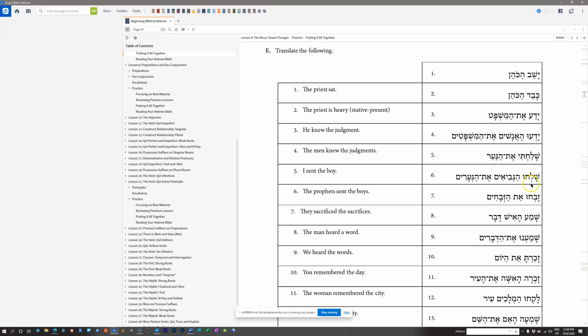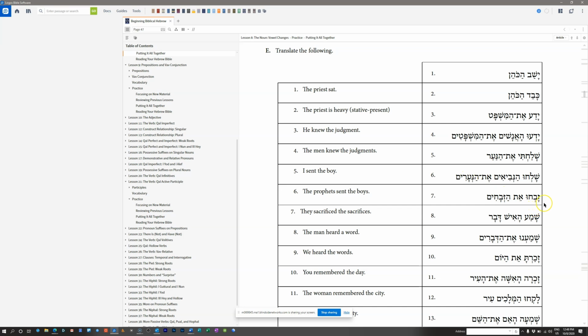So if shalach is he sent, shalahu would be they sent. I then have a word in the subject position. It does not have a definite direct object marker, and it is definite, so it is my subject. Hanevi'im, the prophets, sent what? Et hana'arim. The prophets sent the servants or the boys.